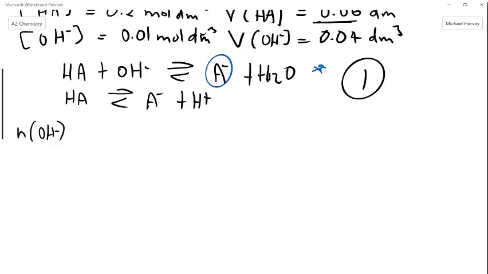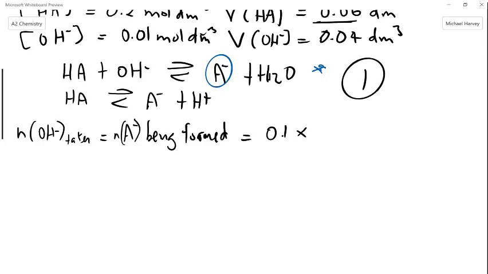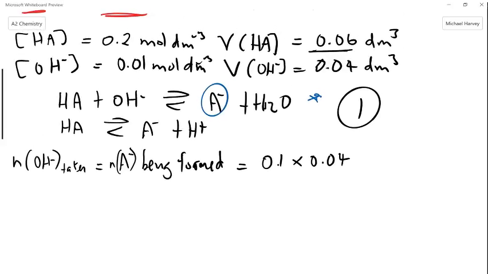So number of moles taken will equal the number of moles of A minus being formed, which will equal 0.01 times 0.04, which equals 0.0004 mole.